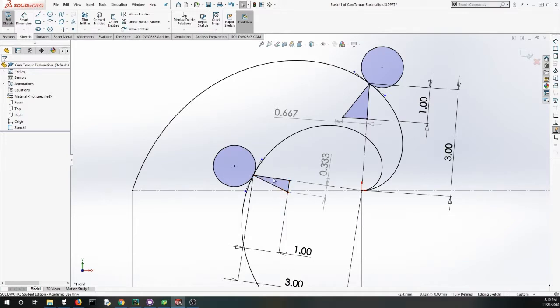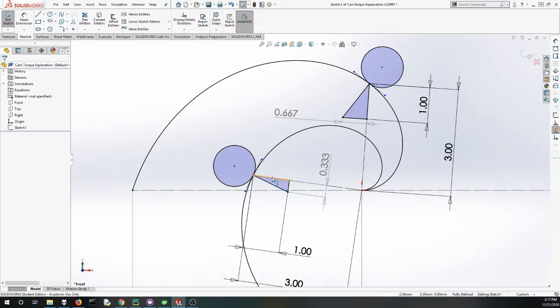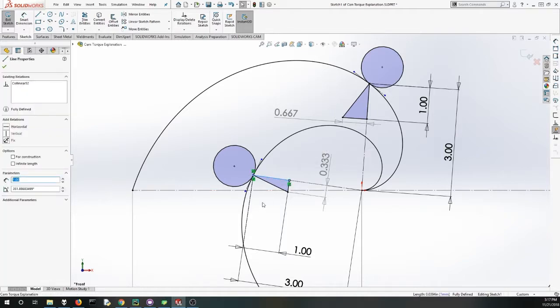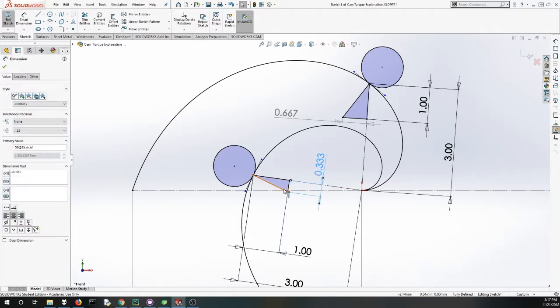So now that we have the direction of the force between the cam and the roller, as well as the magnitude of the radial component of force, we can calculate the component of force which is perpendicular to the radius, which SolidWorks has done for us.